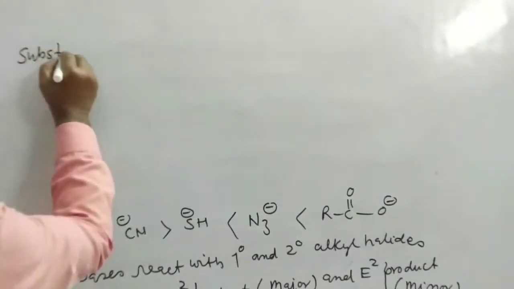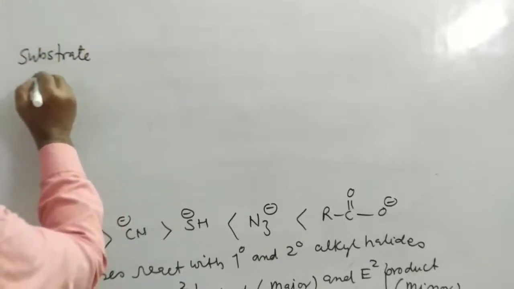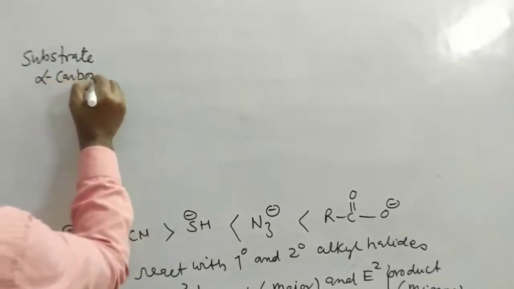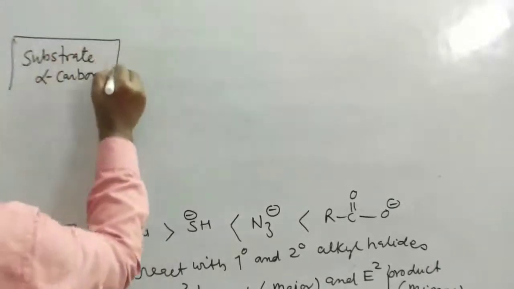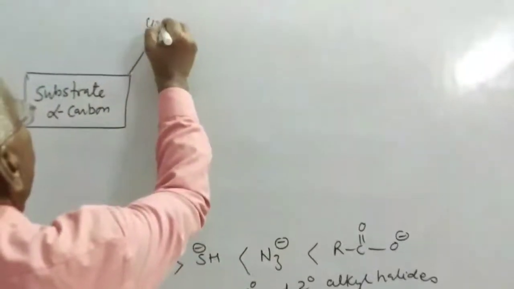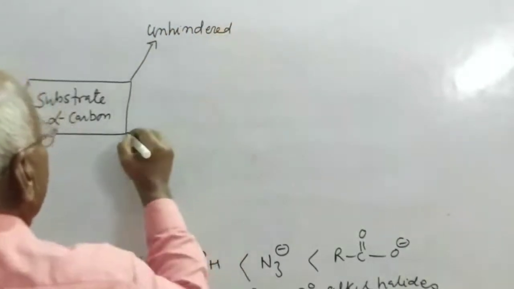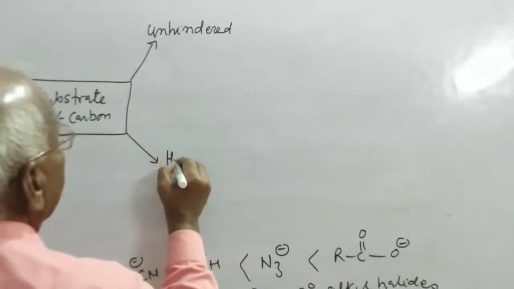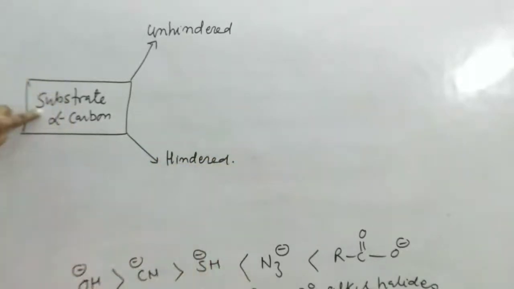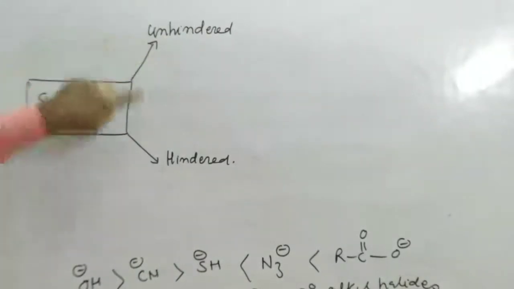So on this basis we classify the substrate into 2 parts. The substrate containing an alpha carbon is either unhindered or hindered.